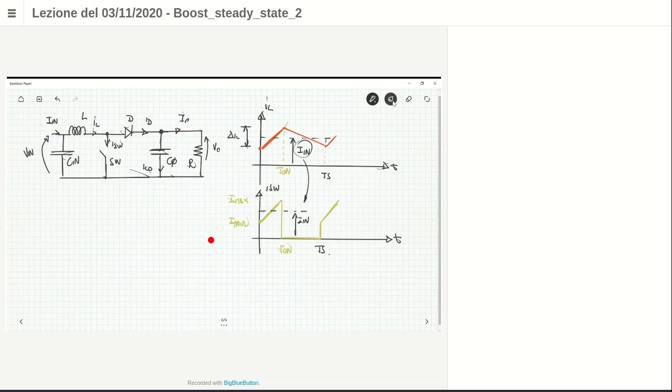So the power depends on this R-on resistance and the root mean square value of the switch current. So an important parameter is the root mean square value of the current. How can you compute this root mean square value?